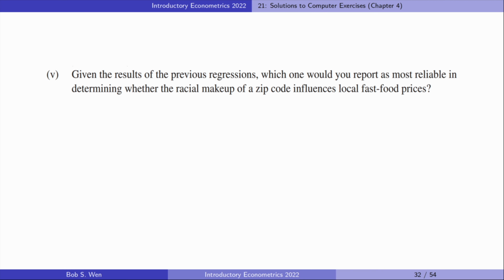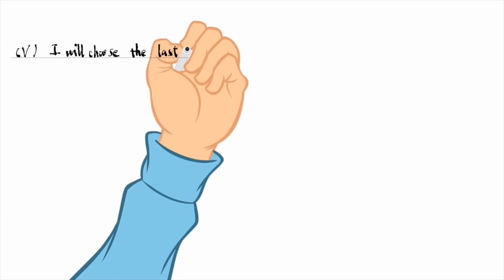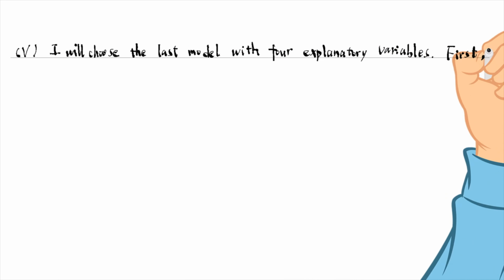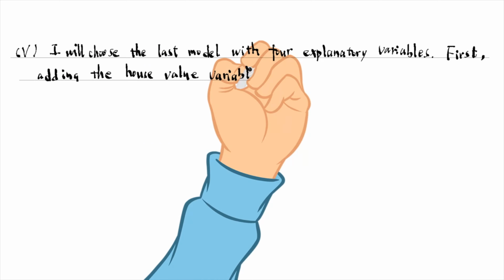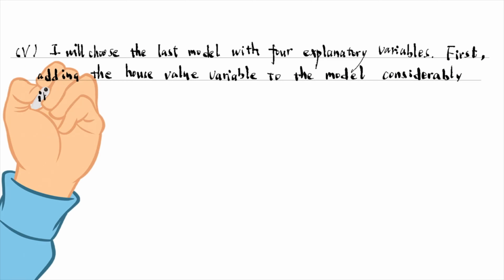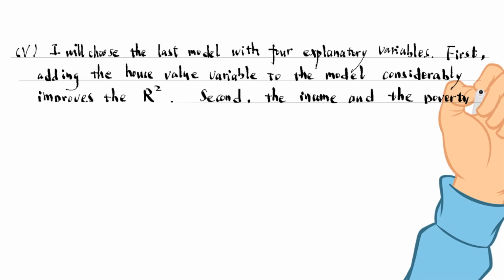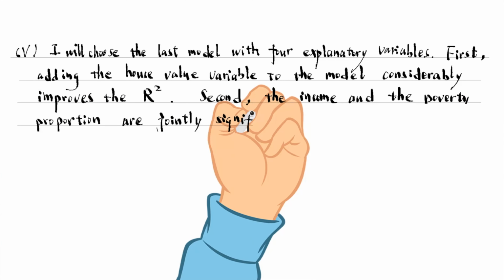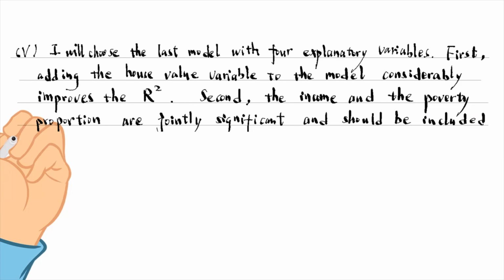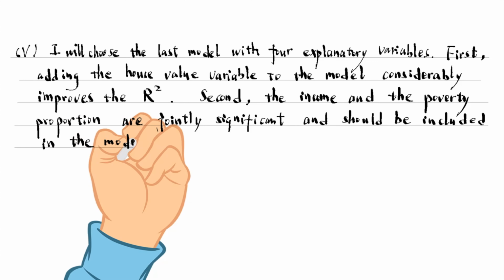I will choose the last model with 4 explanatory variables. First, we compare the two models and find that adding the housing value variable to the model considerably improves the R-squared. Second, the income and the poverty proportion are jointly significant and should be included in the model.